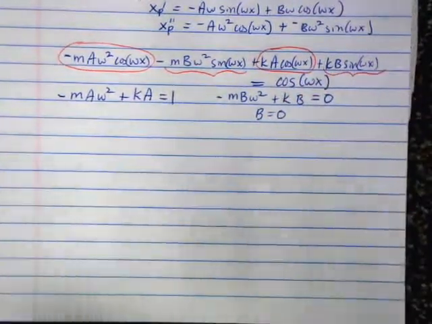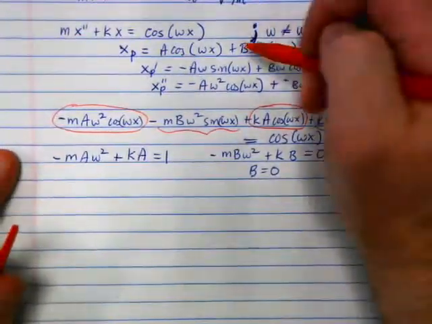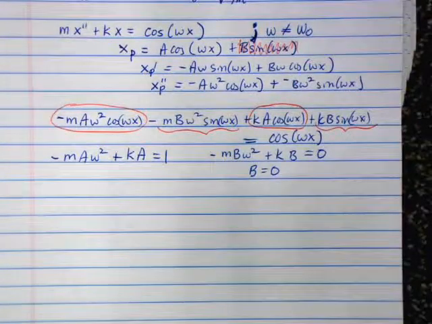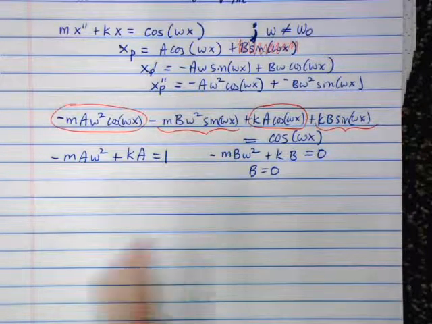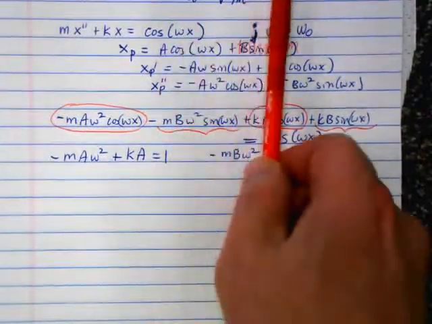Which means in my particular solution, I really don't have that. My particular solution is only going to have a cosine in it. That's nice, isn't it? So do you see what I mean when I said we're going to make this solution match that solution? We're going to have cosines in both solutions.